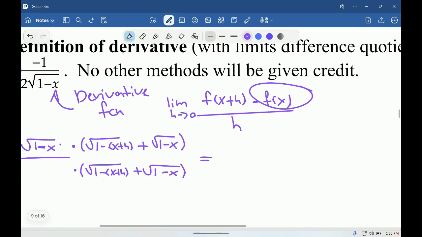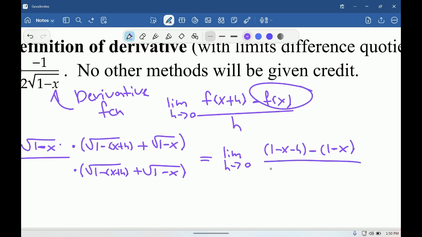And then we're going to simplify this. So it's going to look like 1 minus x minus h, because the square roots cancel each other on the numerator, but not on the denominator, because there is no other square root.